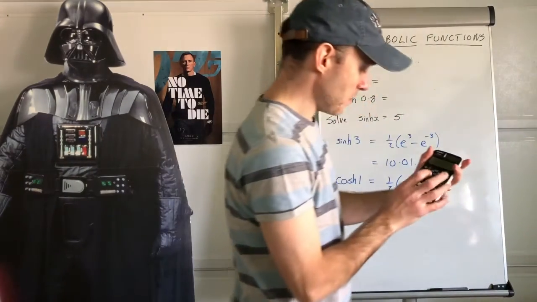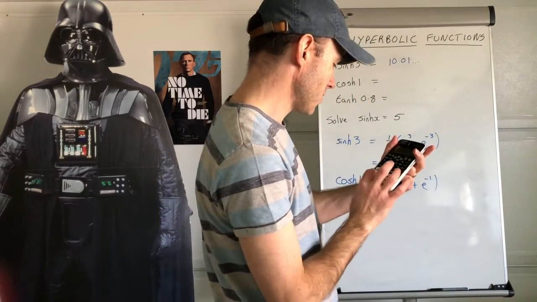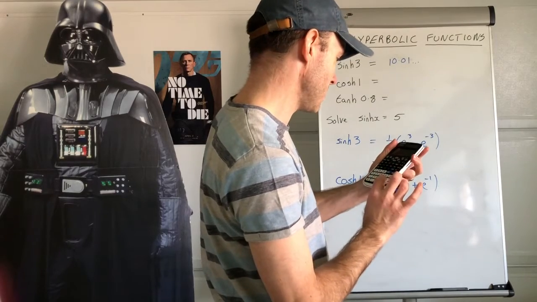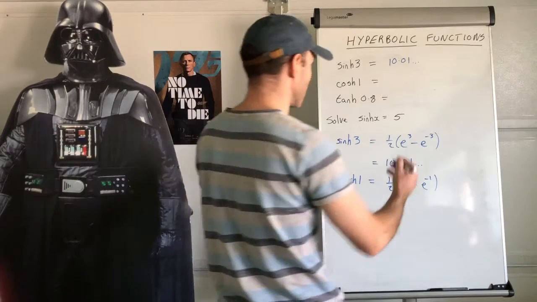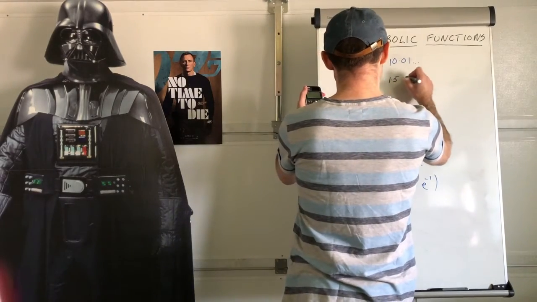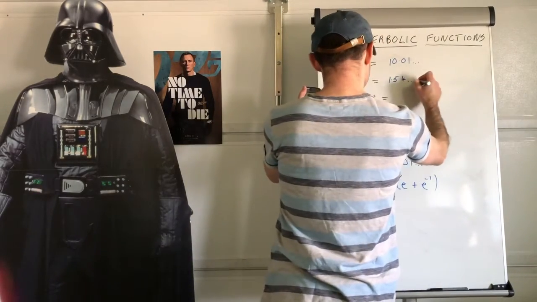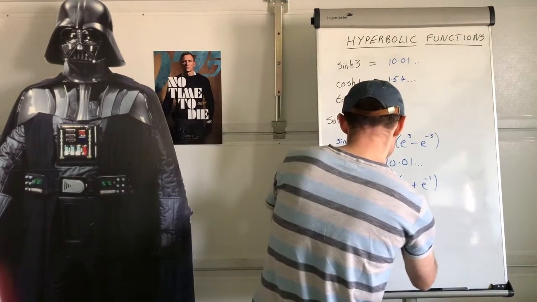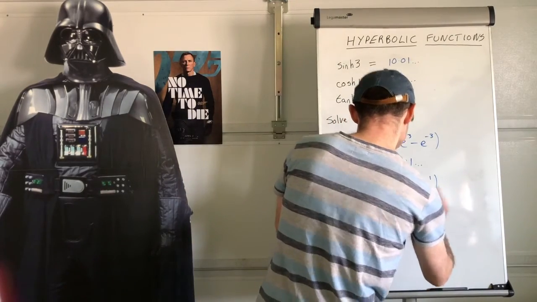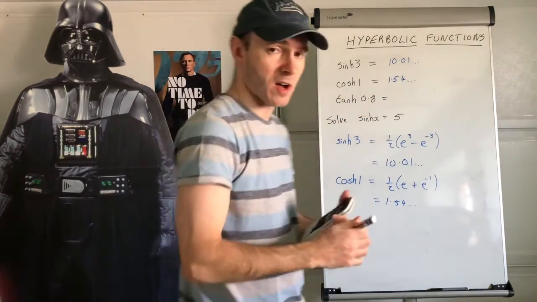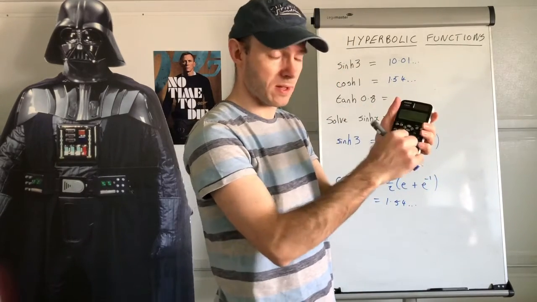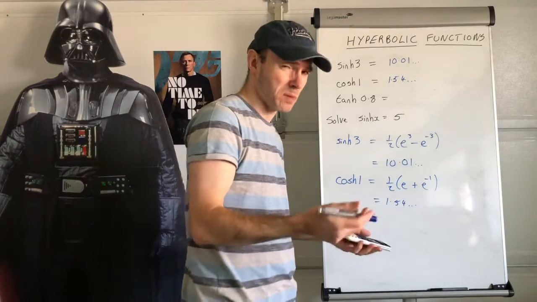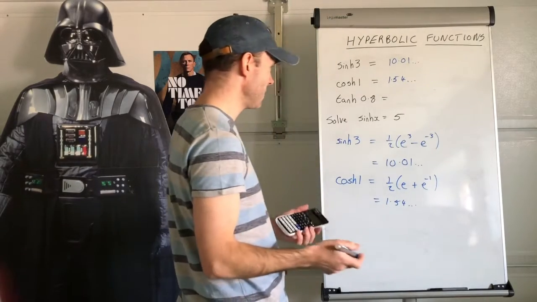So again, go for option, hyperbolic, and then cosh this time, press 1 equals 1.543. So 1.54... But if you don't have one of these, some calculators have got the H there already, you just have to press shift and that, and all modern calculators do the hyperbolic functions.